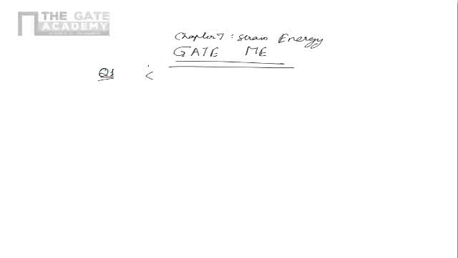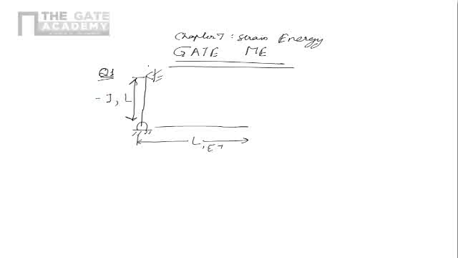This is like a simply supported beam, and there is another arm which is perpendicular to it, which is like a cantilever. So this length is L, this length is also L. And assume that both the arms have the same flexural rigidity, which is EI.